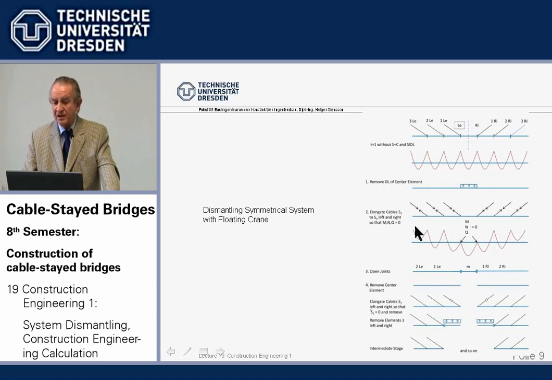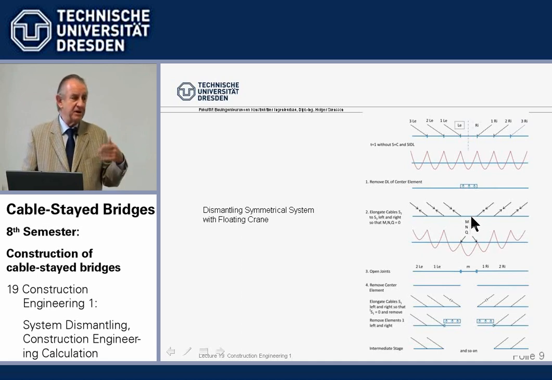So, 3 unknowns here, 3 unknowns here. Then we need 6 conditions. And the 6 conditions are the 6 cable shortenings, 3 on the left hand, 3 on the right hand, which gives us a matrix, which gives the influence of every shortening on every one of the 6 unknowns.